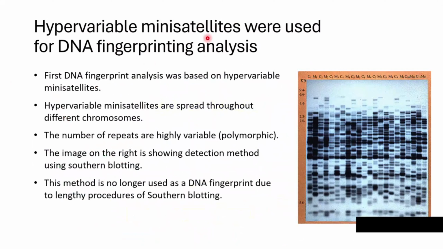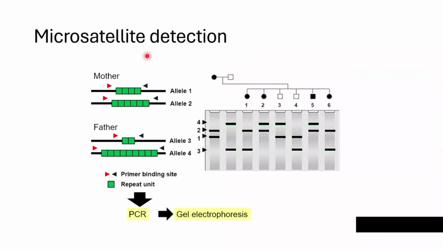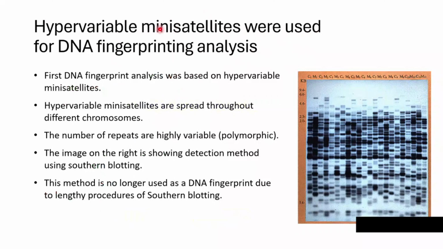Minisatellites and microsatellites are also just repeats, right? I think it's the size of them that is different. The microsatellites are the ones being used currently, and this is the old way of doing it. They're still repeats. The number of them is highly variable, so they're polymorphic, and that's why they were used.